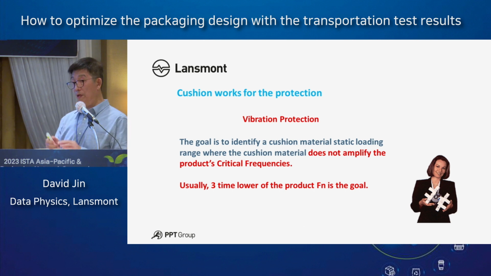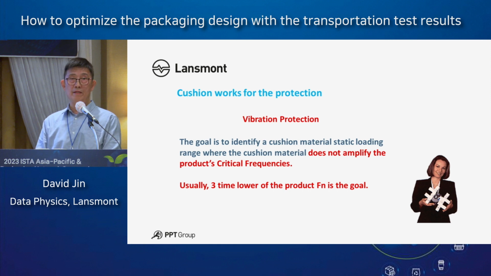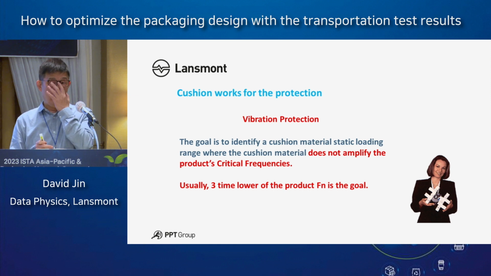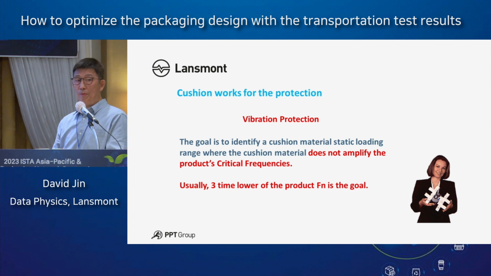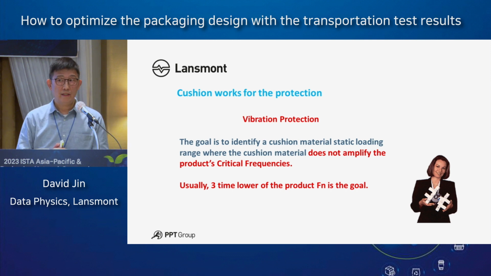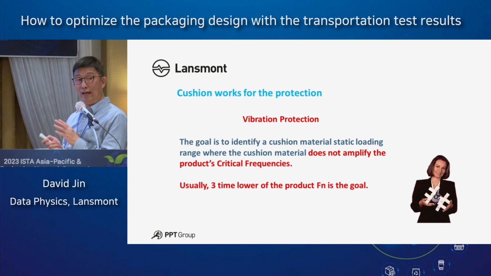But if we protect it, we never hit the natural frequency, and your product is safe from the vibration hurt. This is what we're going to find out, okay? So the FN, to protect the FN is the goal.